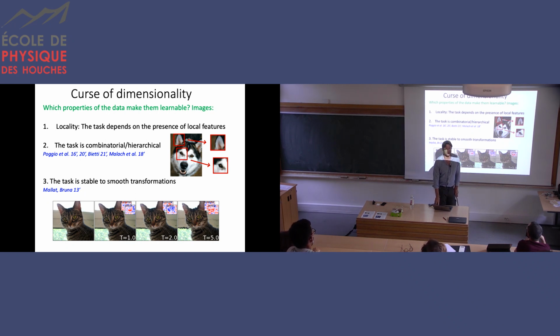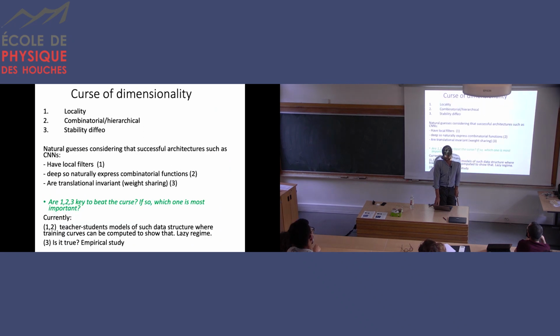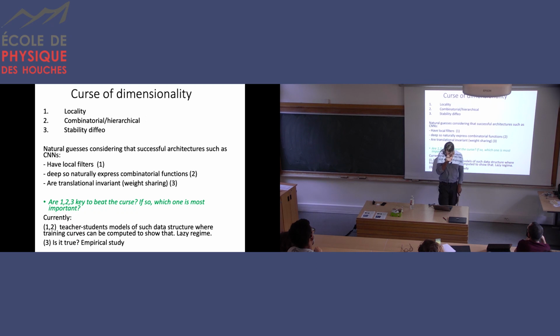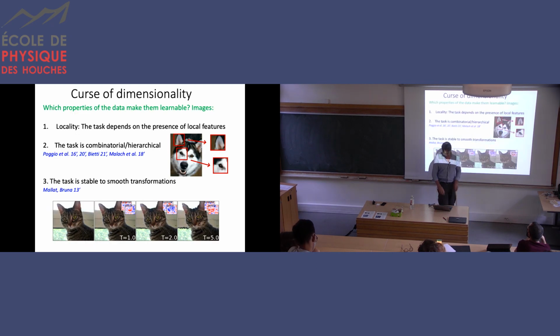And so is it true or not? I mean, is it true that it makes data learnable? Sorry, transformations in what space? So this is now, forget about the weights. Now you take the weights infinite, and so this is input space. So this is a cat.